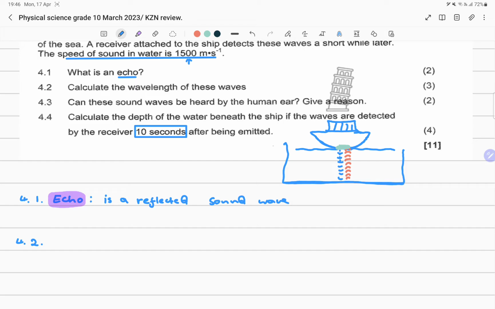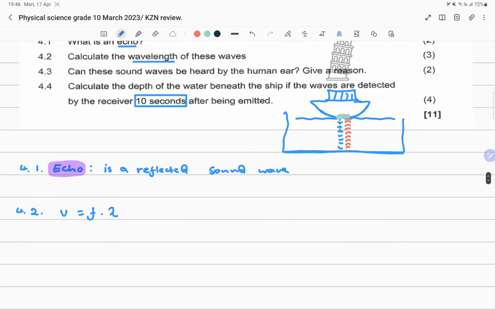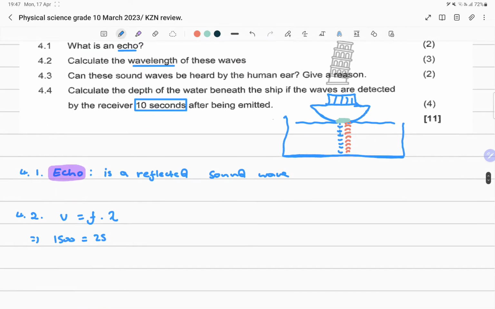Now 4.2 says calculate the wavelength. So we want lambda. We know that our general wave equation says v equals frequency multiplied by wavelength. So 1500 equals the frequency, which we're told is 25 kilohertz, where kilo is times 10 to the 3, times lambda.